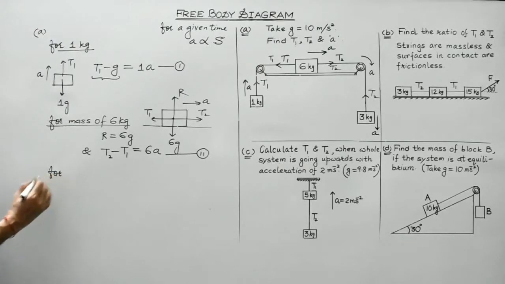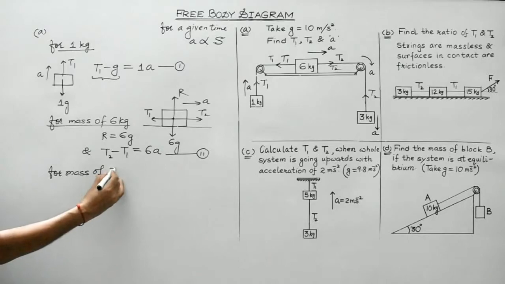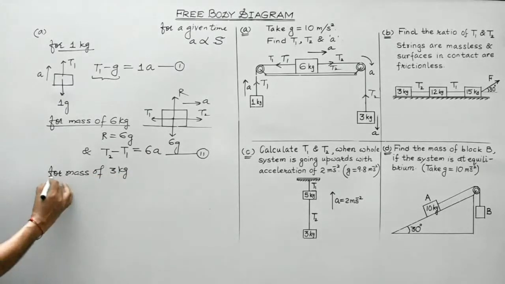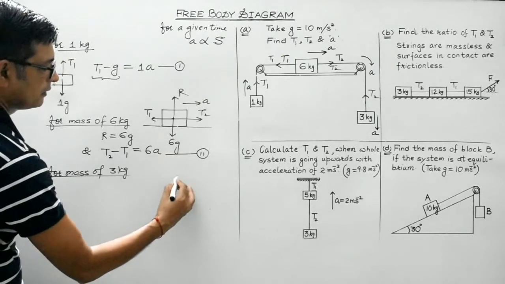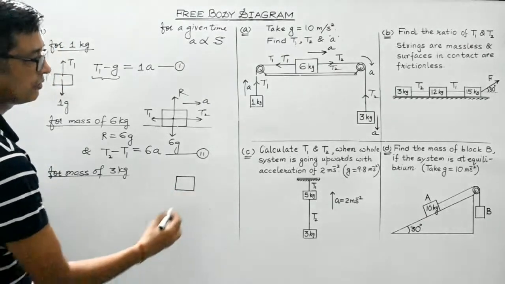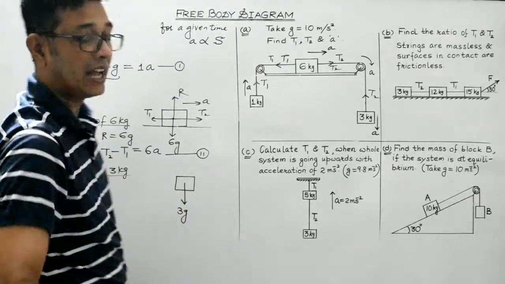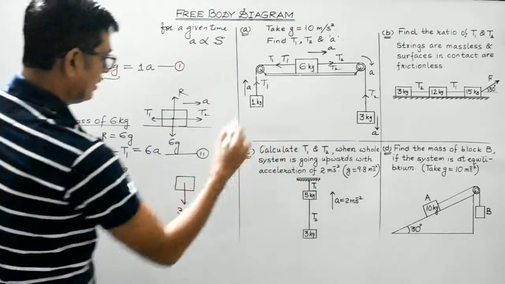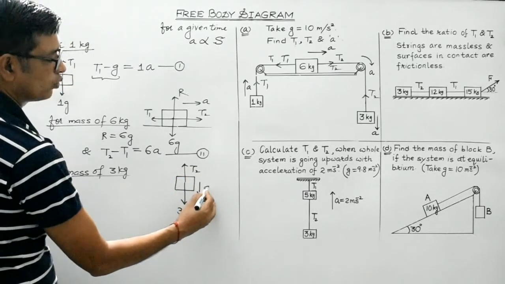Now, third one. Let's draw the free body diagram for the mass of 3 kg. So for that, what we get is, this is the body of mass 3 kg. Force, that is weight 3g, will act in the vertically downward direction, tension T2 acting in the upward direction, and its acceleration is in the downward direction.